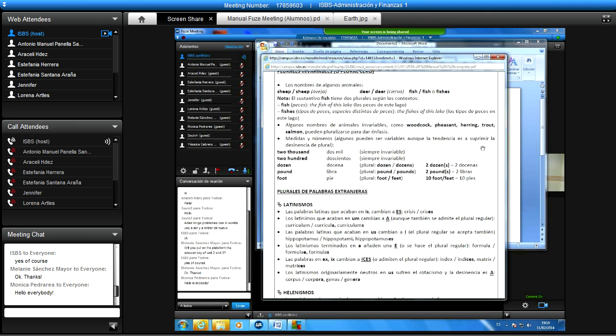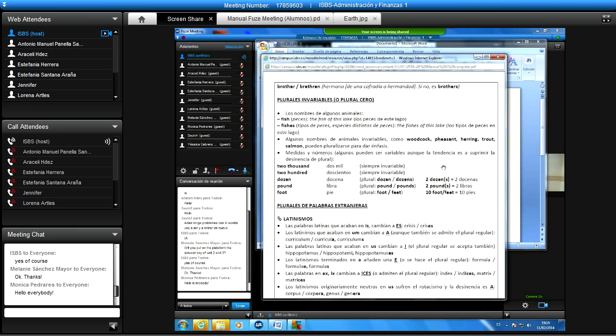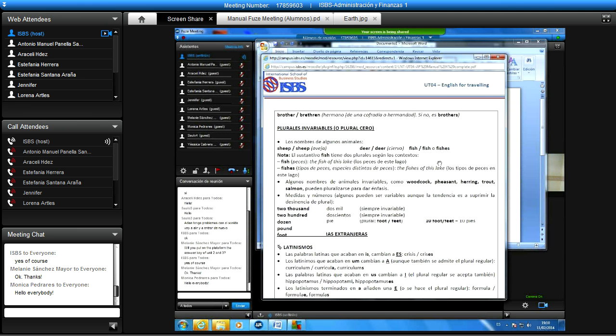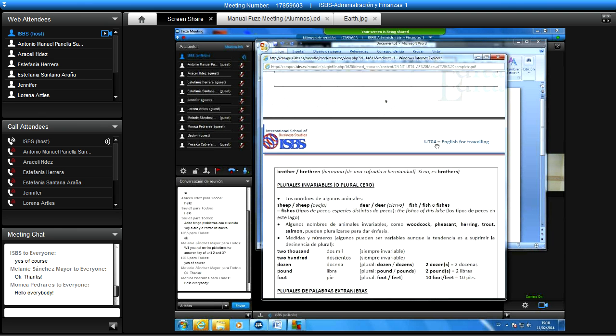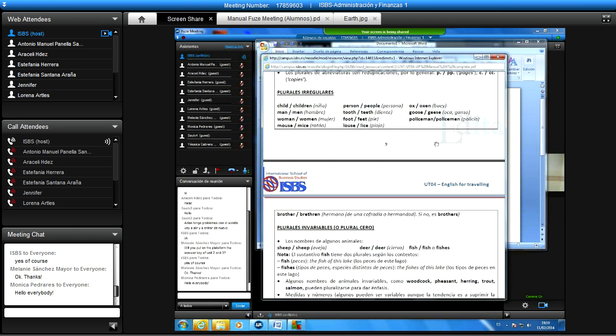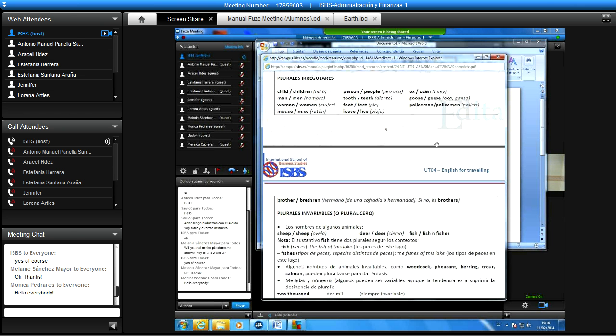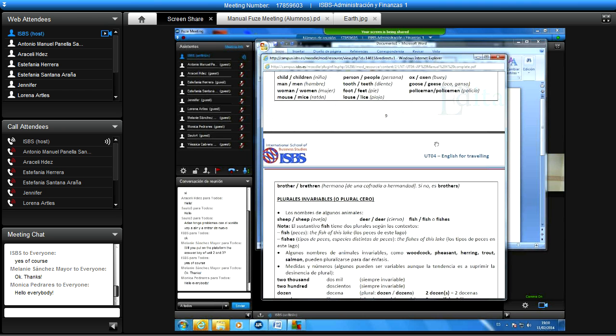Brethren, yes, it's an irregular plural. When you refer to a religious congregation, you can have brethren as the plural. For example, in Andalusia. But also in a monastery or something like that.